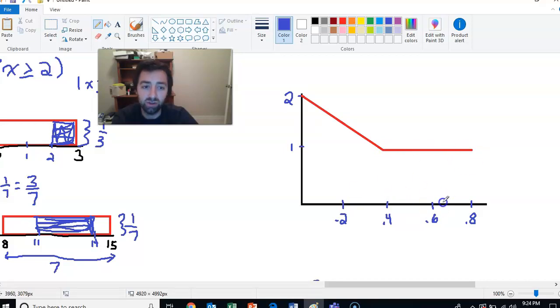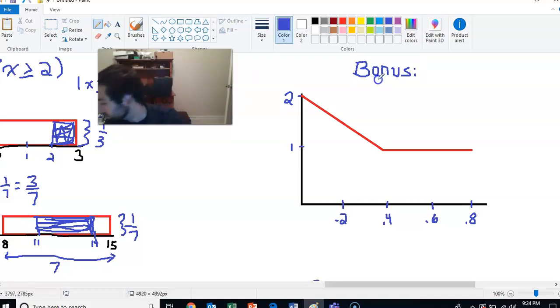Here are the different possible x values. Here's the bonus. Email me with your answer before our live meeting for bonus points. It'll be 5 extra points on your next quiz.